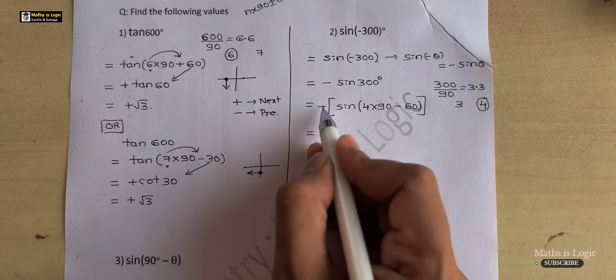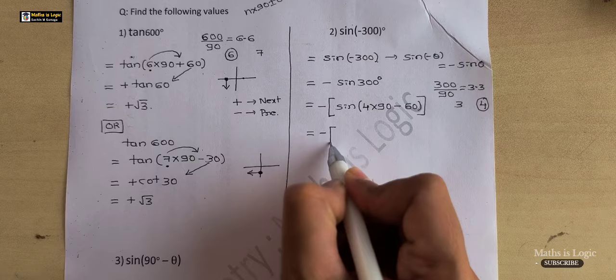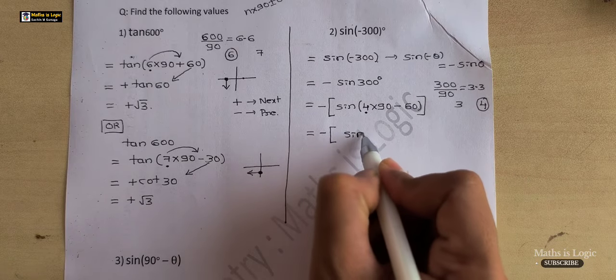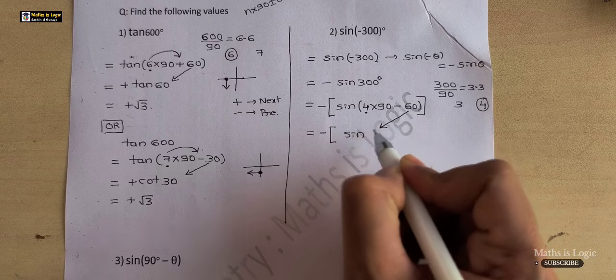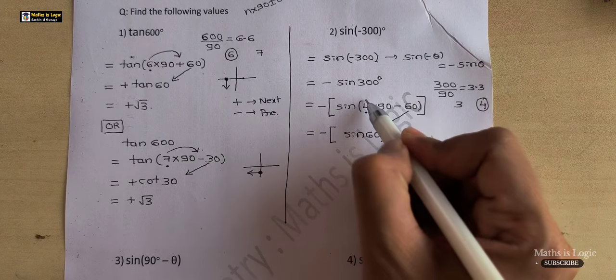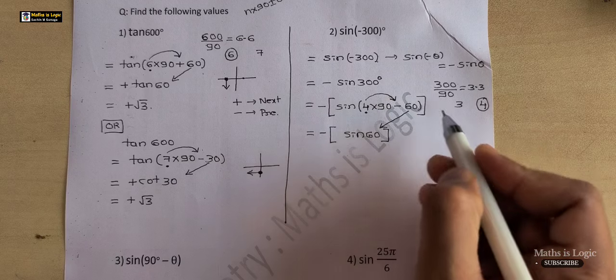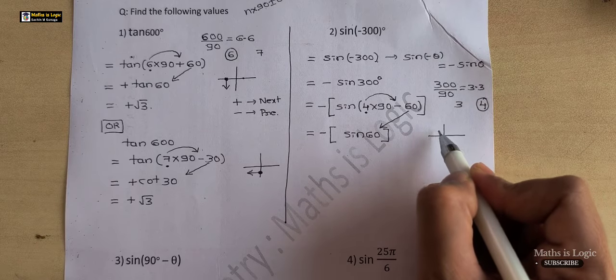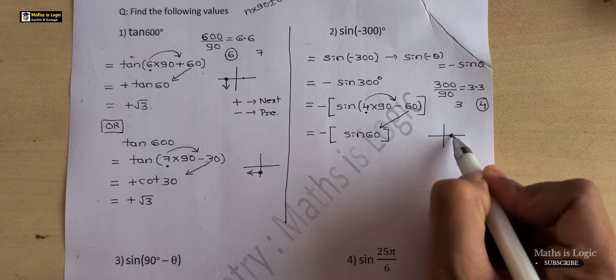Next, the outside negative sign, keep it as it is. Because of the even number, sine remains sine. At the end 60 degree is there, so keep that 60 degree as it is. Next, rotate 4 minus, so draw the plus, start with 0, 1, 2, 3, 4.